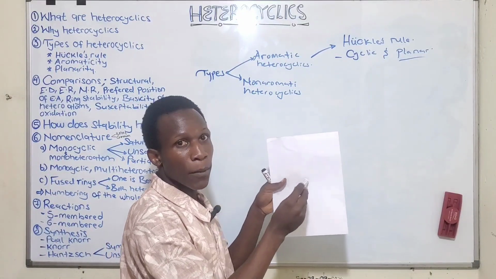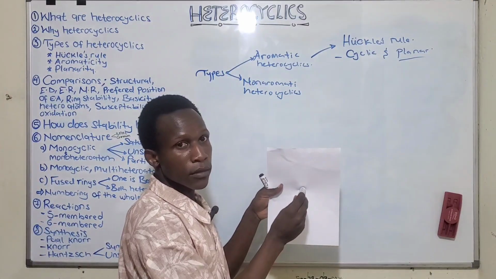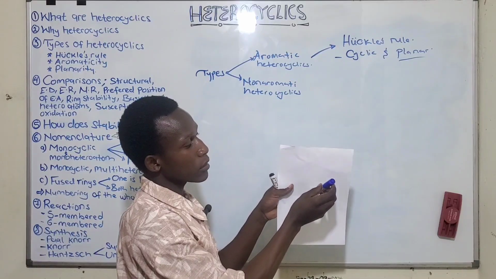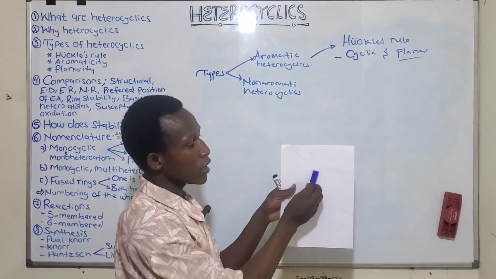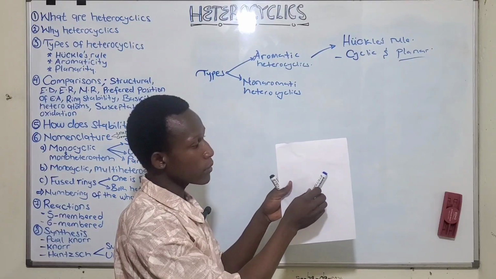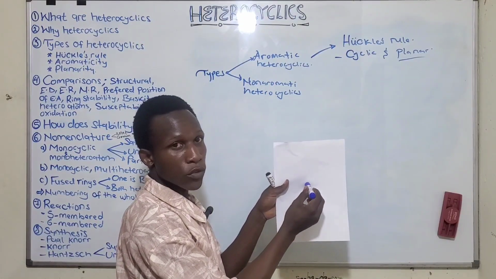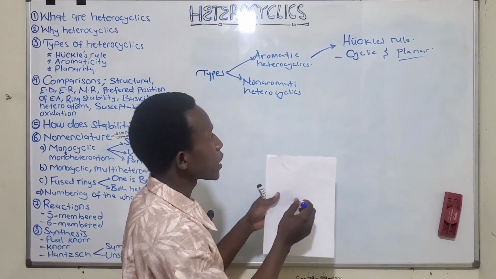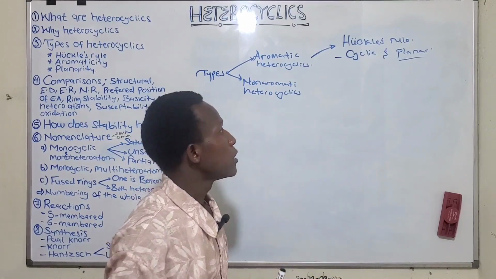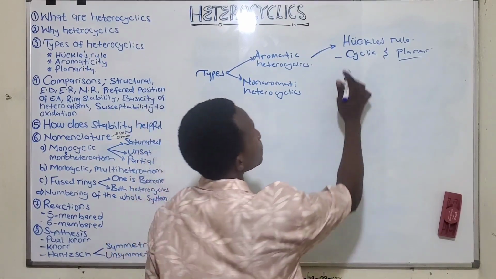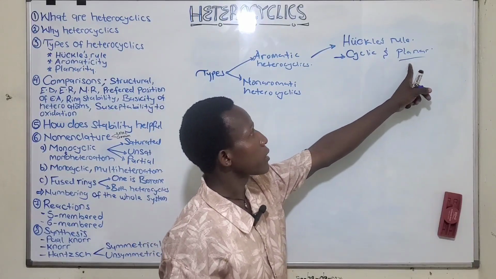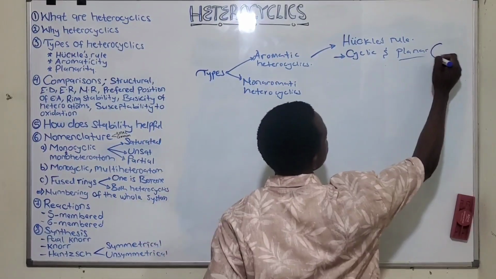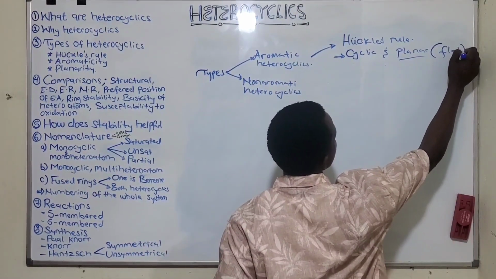So it is lying perpendicular to the plane. Even if it penetrates like this, it won't be on the plane. Here it's rotating on the plane, but here it is perpendicular to the plane. So that's planarity. The heterocyclic should be cyclic and planar. You can say it is flat.